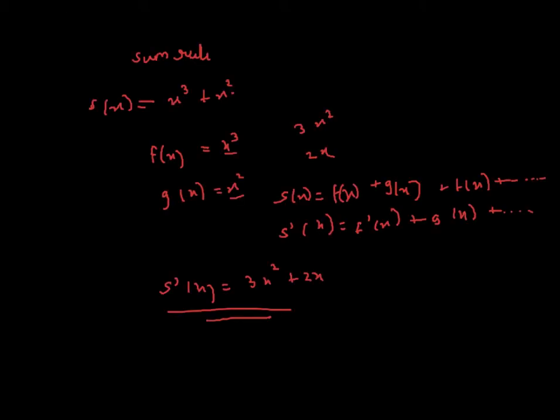So this is the difference rule. If you have the same function, s of x, what is s of x? It is x cubed minus x squared. Pay attention to the minus sign here instead of the plus sign, which was in the last sum rule.